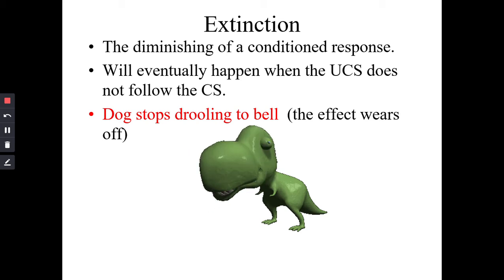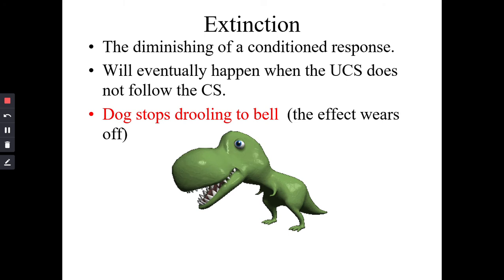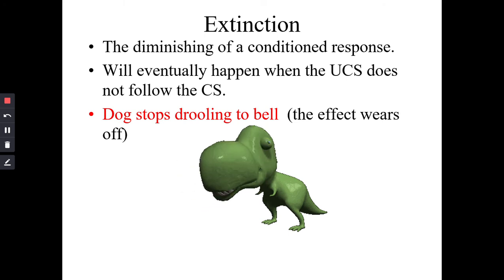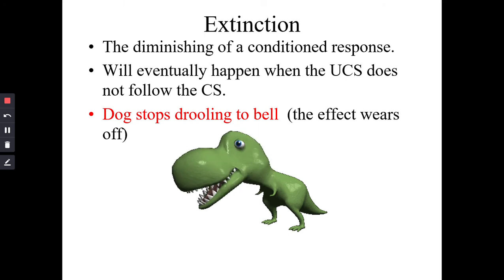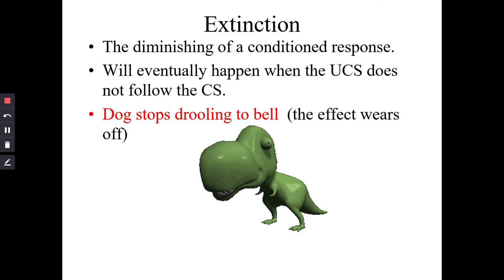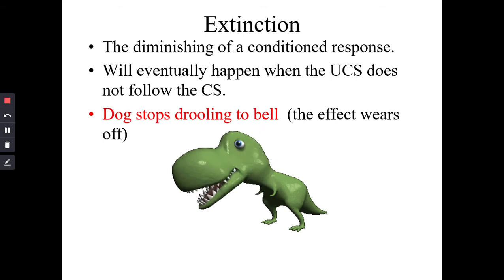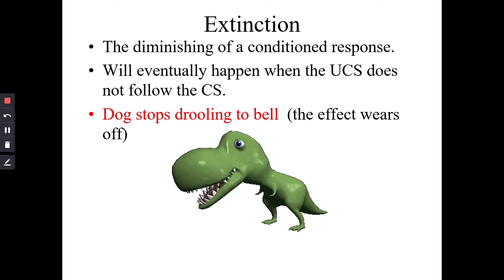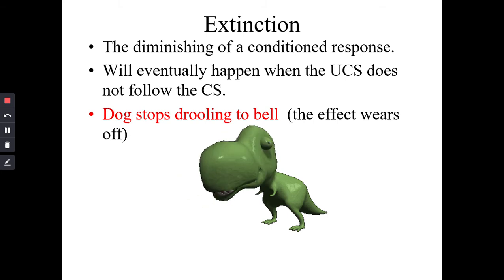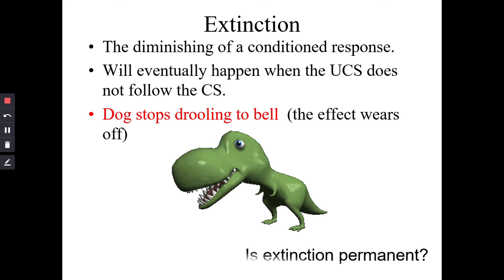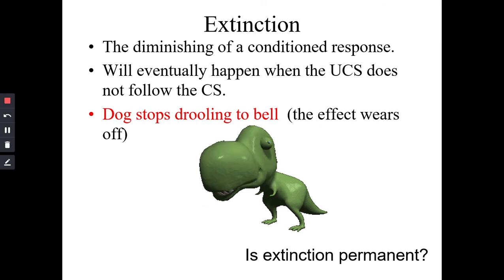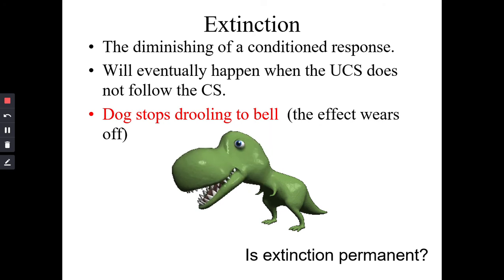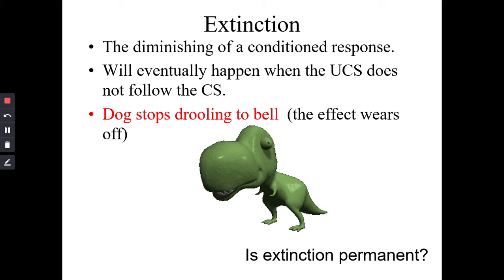And if it's a phobia, let's say you're attacked by a dog and now you are scared of dogs. Well, eventually maybe you'll stop being scared of dogs. The effect will die like a dinosaur. It'll go extinct. Is extinction permanent? Could it ever come back?